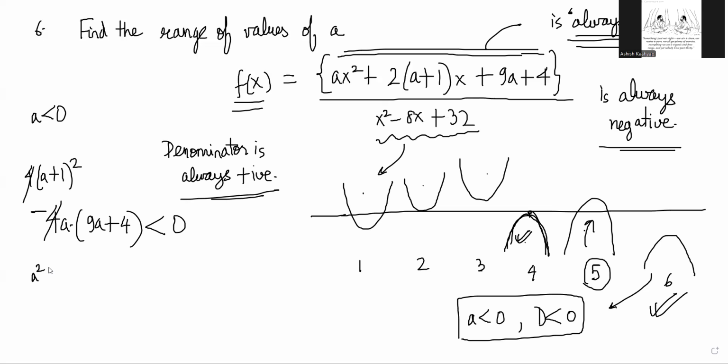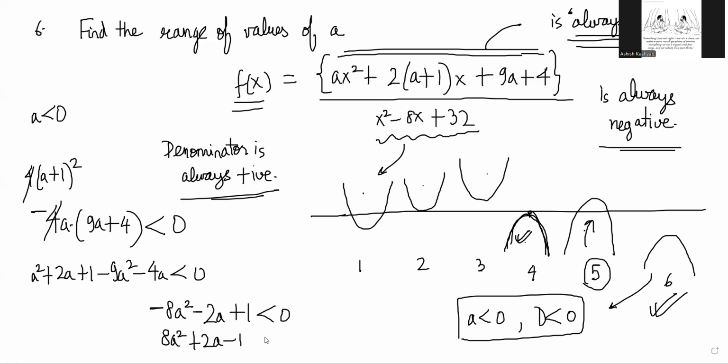You will get a square plus 2a plus 1 minus 9a square minus 4a is less than 4. If you simplify it, you get minus 8a square minus 2a plus 1 less than 0. You can multiply by minus 1 and make it 8a square plus 2a minus 1 greater than 0.